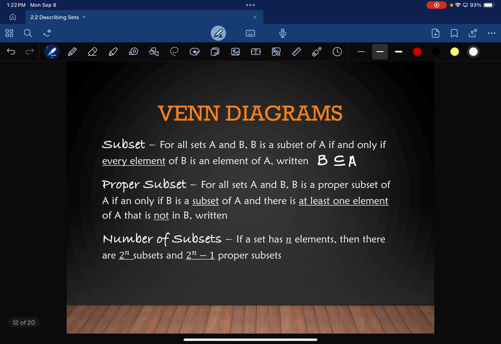Now, that's a subset. A proper subset is the following. For all sets A and B, B is a proper subset of A if and only if B is a subset. That makes sense, right?